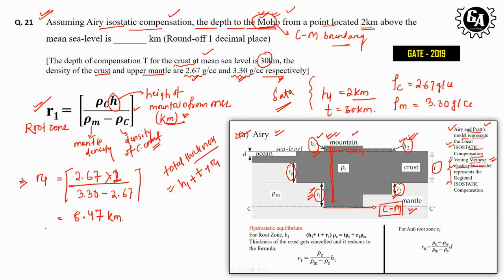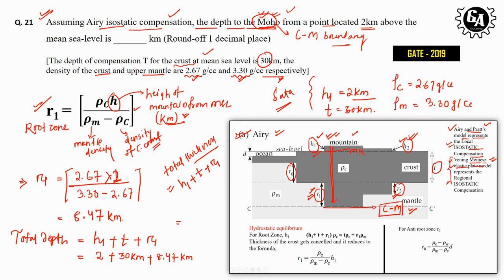Then we have to calculate the total depth or total thickness, because the question is asking that. That will be h1 plus the thickness of the continental crust plus the root zone r1. Here h1 is 2 kilometer, plus thickness 30 kilometer, plus r1, which we calculated as 8.47 kilometer.